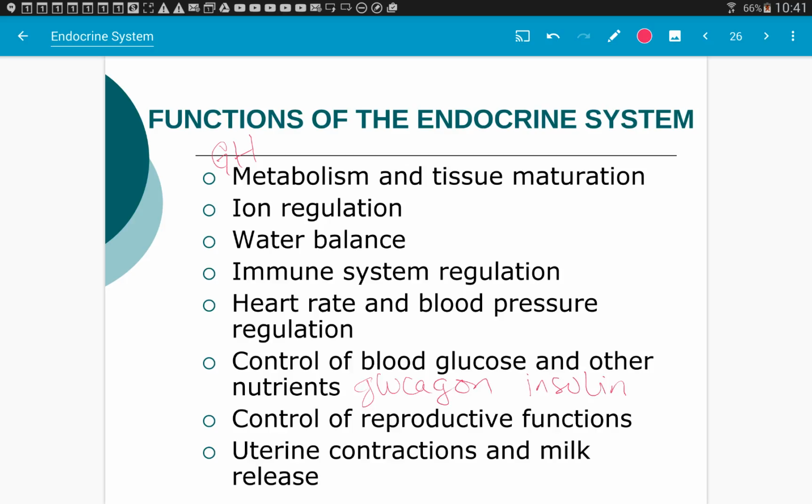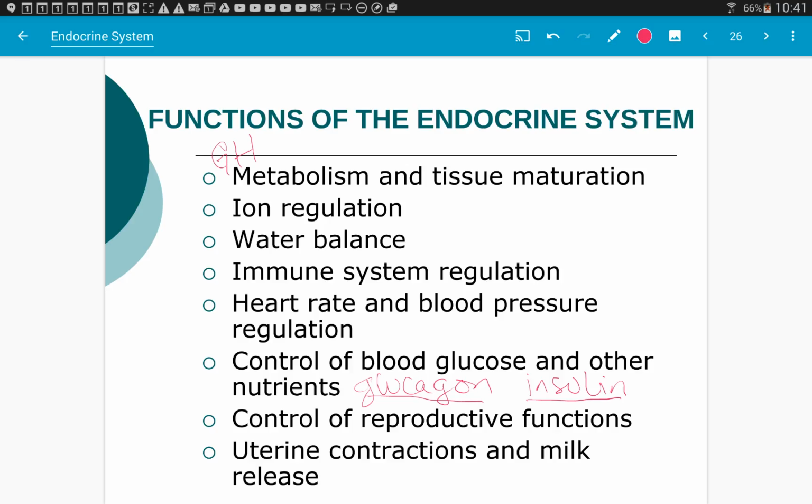And these two guys are what we would call antagonists because insulin tells the cells to take sugar in. Glucagon causes stored sugar in the liver to be broken down and released into the blood. So they have opposite effects. Glucagon increases blood sugar. Insulin decreases blood sugar.